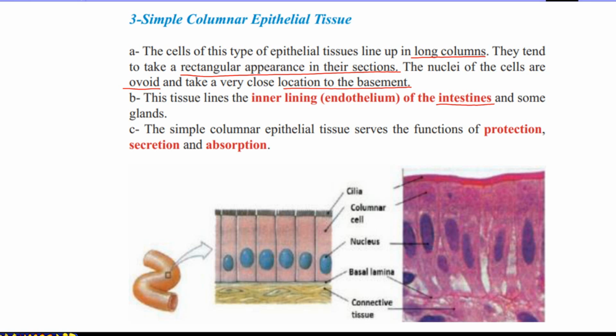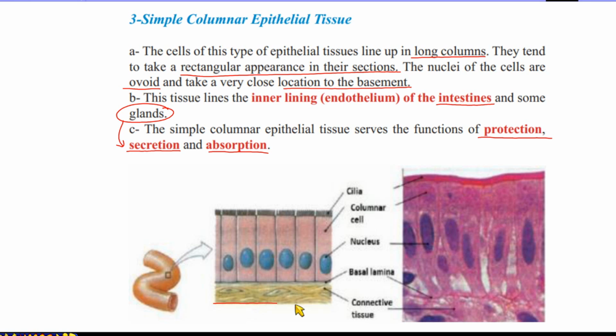In the large intestine, reabsorption of water occurs, and in the small intestine, cells secrete digestive enzymes to digest food and also protect from microorganisms. Some other glands also have it, and when we say gland, we need to know the function of secretion.